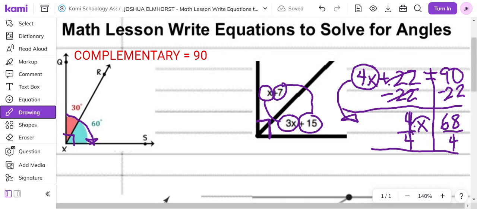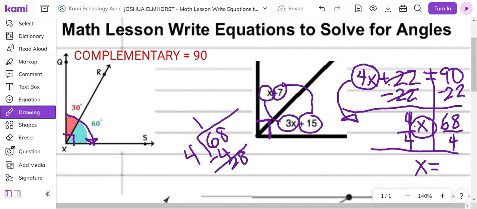And so now we have x going down to the last step, and it's going to be 68 divided by 4. 1 times 4 is 4. And then 4 goes into 28 17 times.